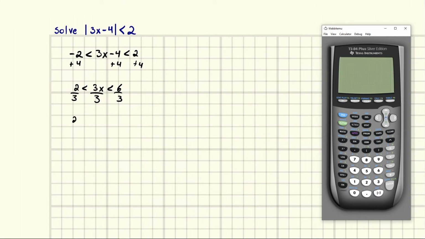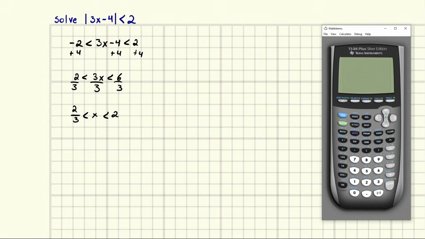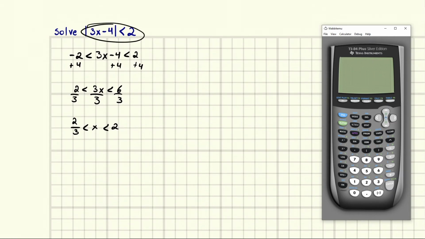And we're going to get 2/3 is less than x is less than 2. So what this is saying is that x has to be between 2/3 and 2 in order for our original statement to hold true. And we can test the outermost values, this 2/3 and this 2. And if those two check out, then we should be good to go.